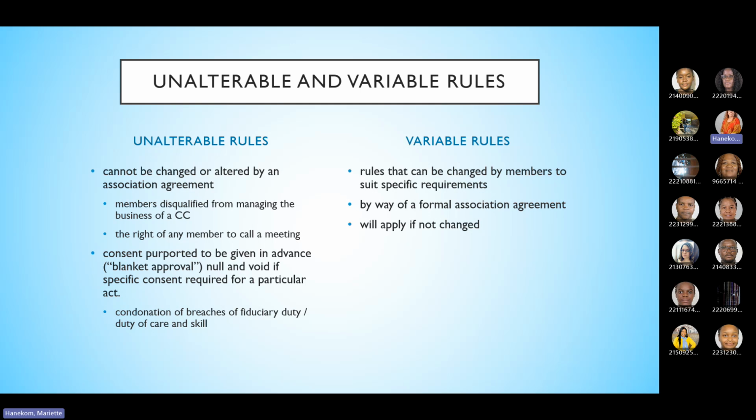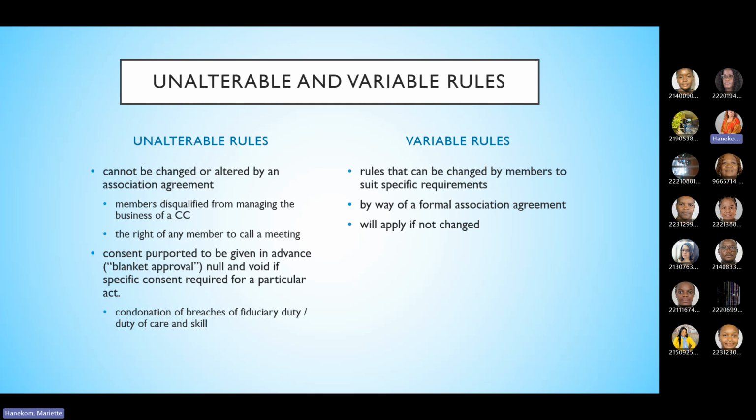Unalterable, they cannot be changed. These are statutory provisions that will always apply. So you cannot try to change them. If you try to change them by way of an association agreement, it will be invalid. They cannot be changed or altered.